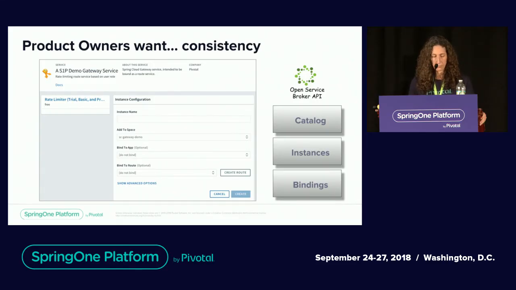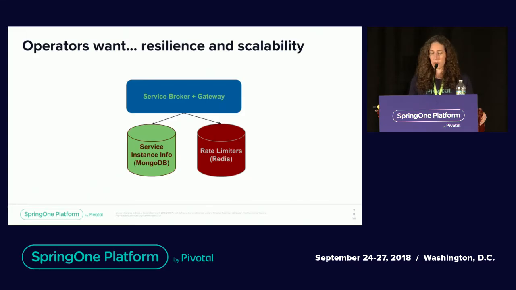So keep this in mind, and I'll show you a little bit of insight into the catalog that we've defined. And operators are going to want resilience and scalability, meaning that if the gateway or the service broker have to restart or have to be upgraded or replaced or crash, then when the process starts again, it'll be able to recover all of its state. So when a developer says, give me a new instance, CF create instance, we're going to store that information in a Mongo database with the reactive libraries.